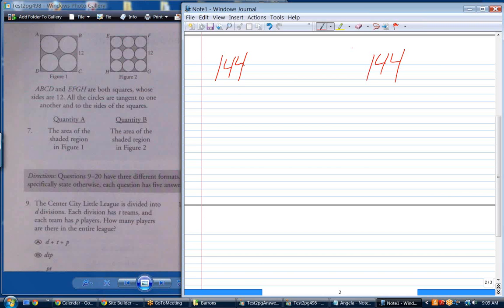There are 4 radiuses, or we've got 2 diameters, so each radius would be 3. So that's 36 pi for all of them. So that's the shaded area of figure 1.